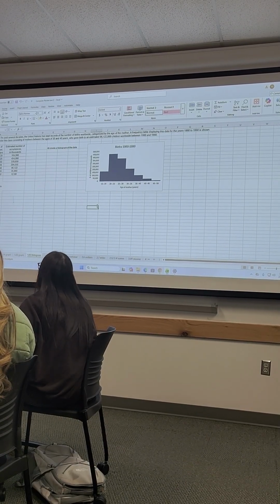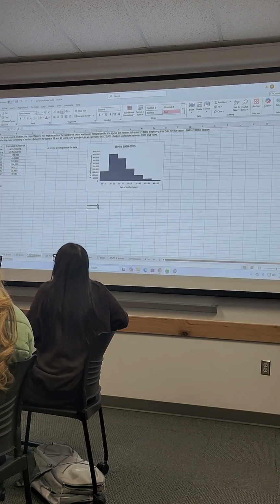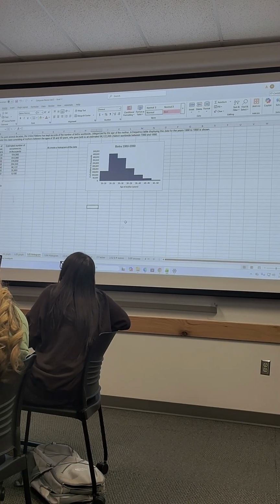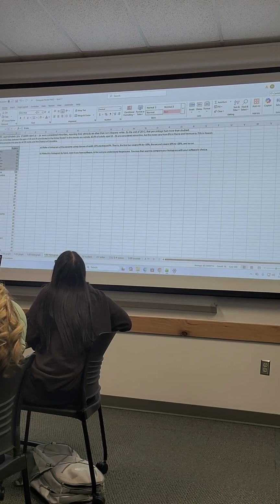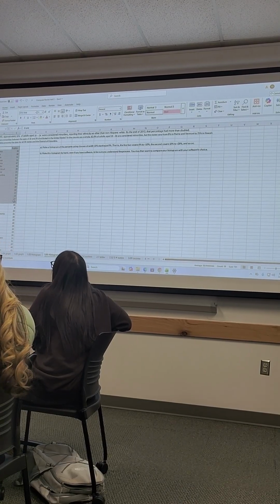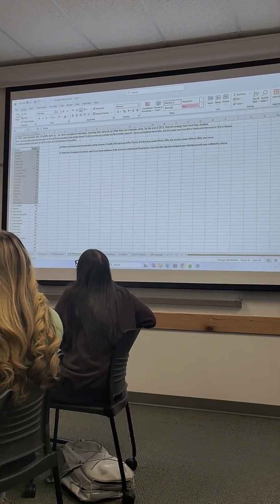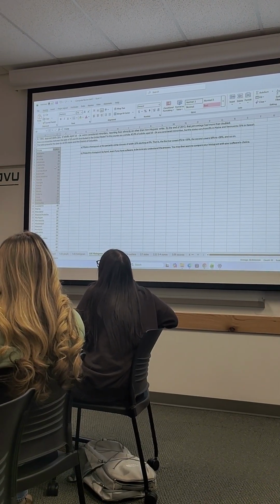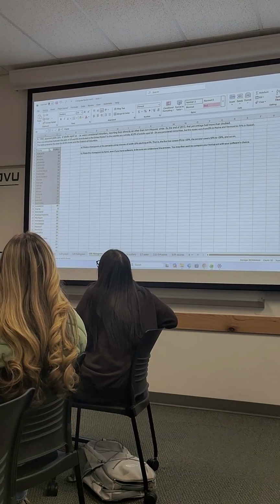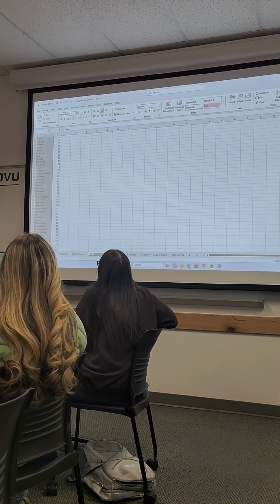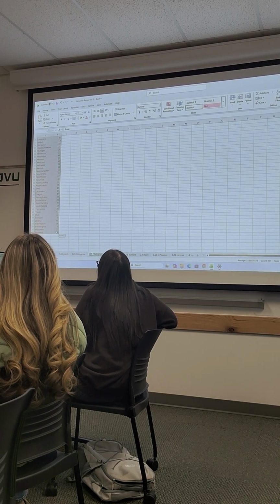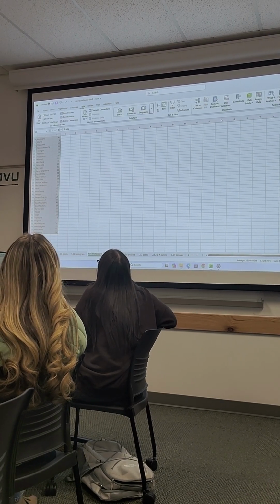I've only got 2 minutes left, so I kind of want to go really fast. I hate to do that to you guys, but there's another histogram for you to practice. This one, you're going to have to create your own frequency distribution. You'll probably want to sort the data. Do you guys know how to sort data? The easiest thing to do is highlight the whole table. And then I'm going to go to data.